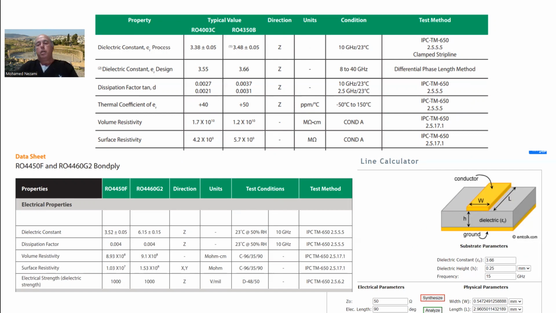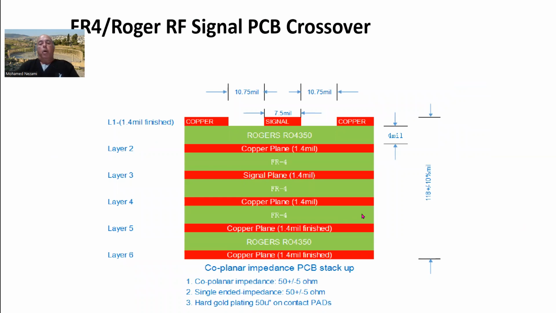I have a calculator in here. I calculated the width of what would have to be 50 ohm on top. If you specify the top layer or the bottom layer as being the microstrip line, your dimension would have to be a width of half a millimeter, or 20 mils, or 21 mils, you say.